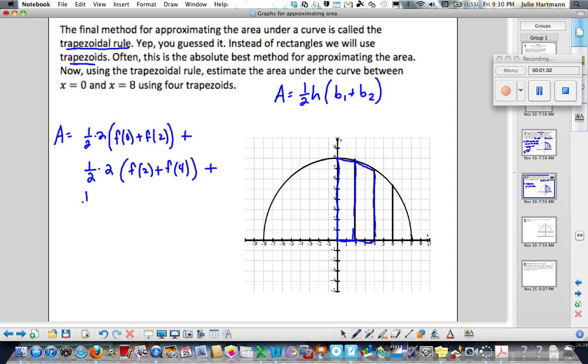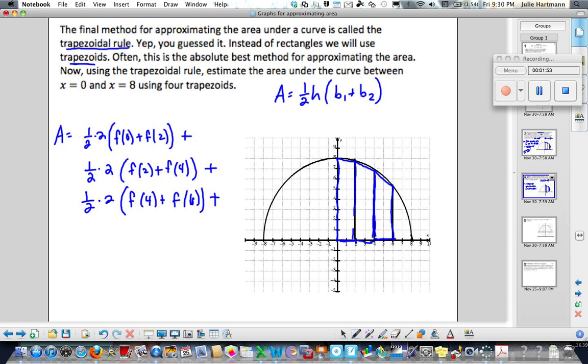Then we have the third trapezoid between 4 and 6, so again that height is 2, and our base 1 is f of 4, and our base 2 is f of 6. So f of 4 plus f of 6.